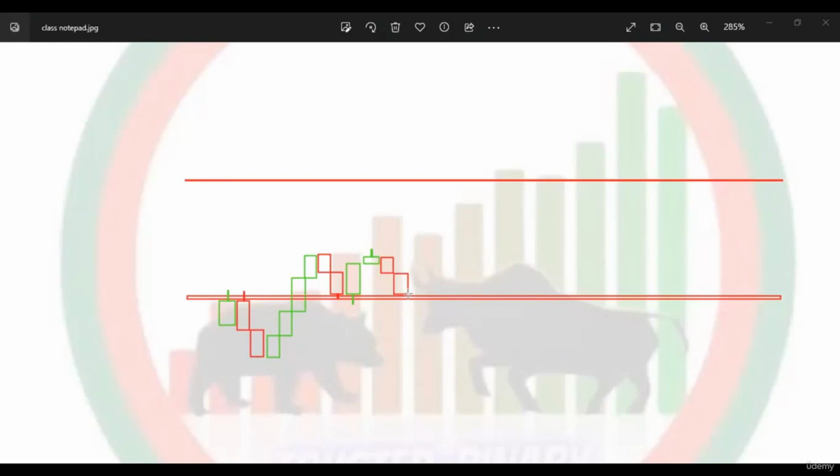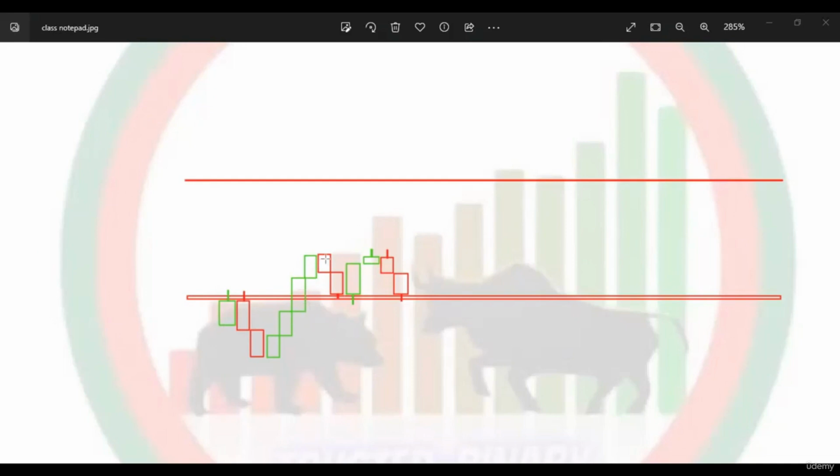So we can trust it. Just try to understand normally why we can trust. Because this is already an SNR level, a strong SNR level: resistance, breakout, support. We already know that this is a strong SNR level.